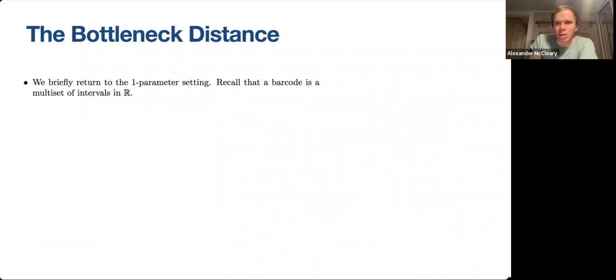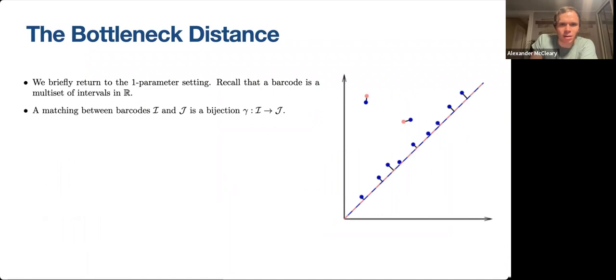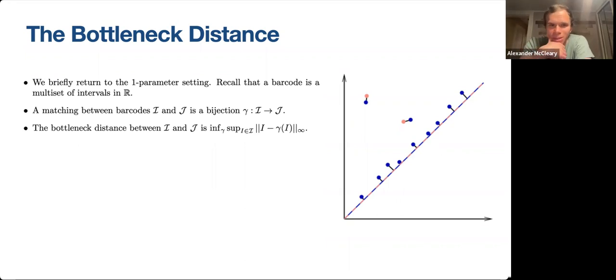Okay, so let's look at what it means for the fibered barcode to be stable. We looked at the bottleneck distance last time. We had matchings, right? So these were just bijections between the multi-sets of intervals. And the bottleneck distance is, we take the inf over every matching of the cost of the matching.